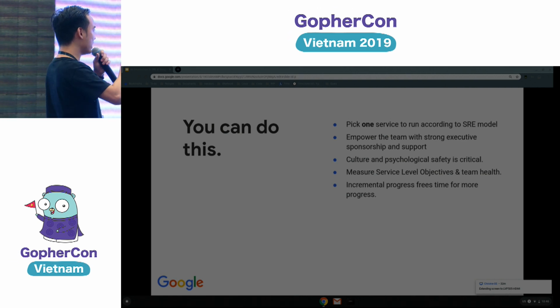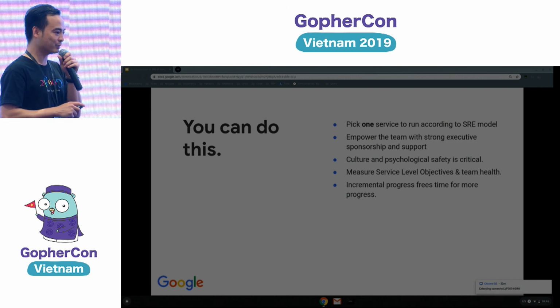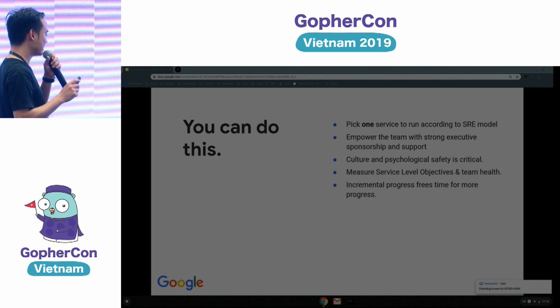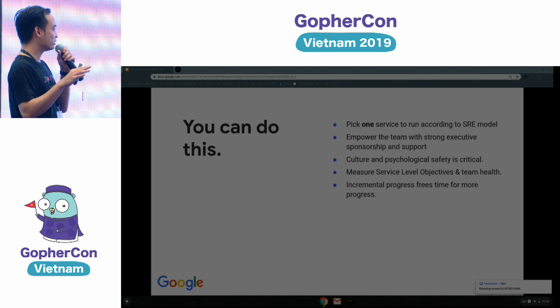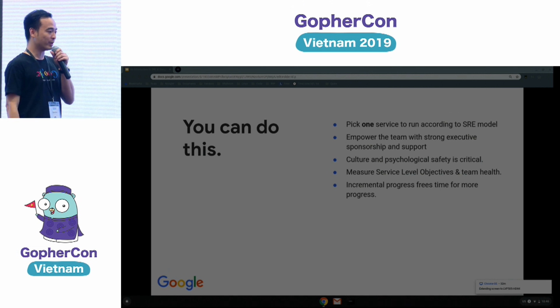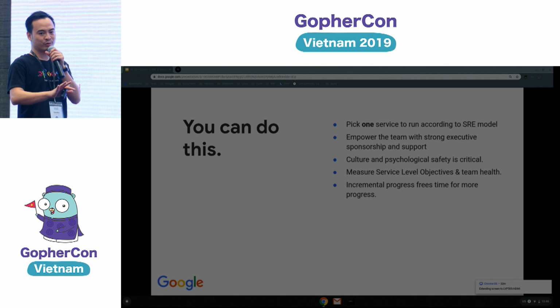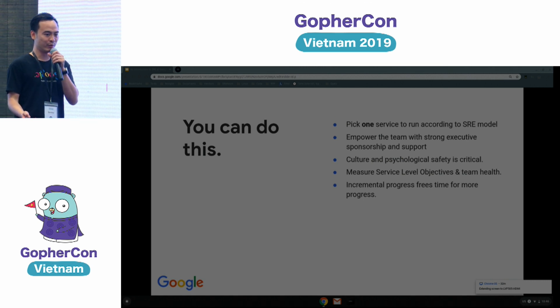You also need to measure the SLO. You need to measure the service health. And lastly, you try to have a progressive rollout, and not try to roll out everything globally, everything at once.